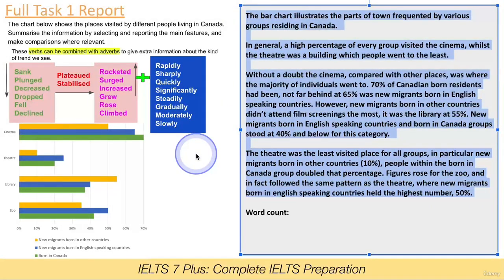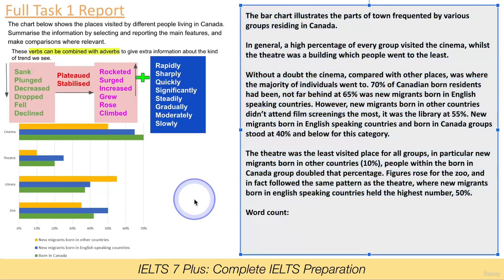Okay, let's find out how many words this comes to. Alrighty, so that comes to 171 words, so slightly over the 150 word limit, a very reachable amount for you in the exam.